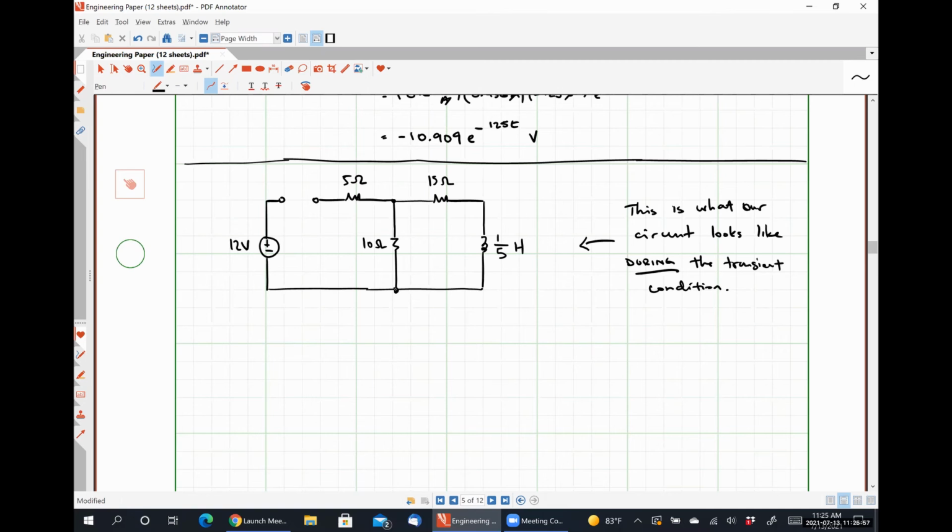So how do I turn off a voltage source? Yeah, short circuit. Short circuit. All right, so there's my short circuit representing my off voltage source. Now I'm going to just draw all my resistances.